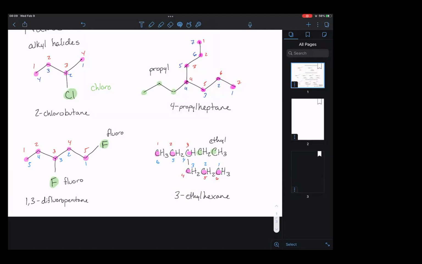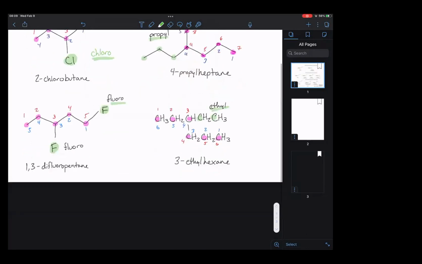All right, so we want to work with both alkyl substituents, those that are just carbon and hydrogen, for example a propyl group or an ethyl group, as well as the halogen substituents like a chloro group or a fluoro group. I will say that there's a special type of alkyl substituent.